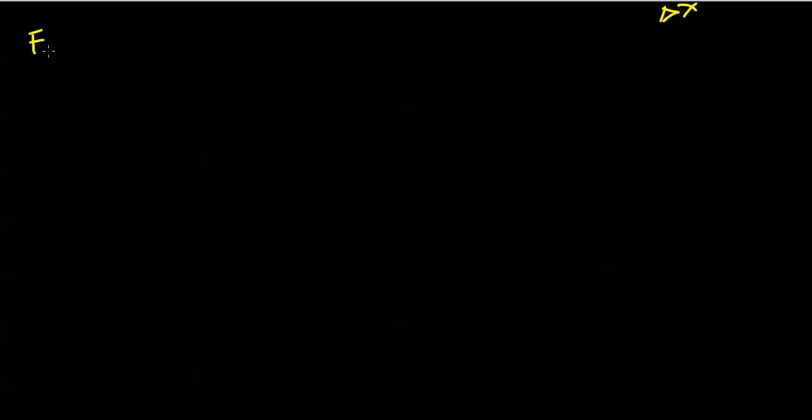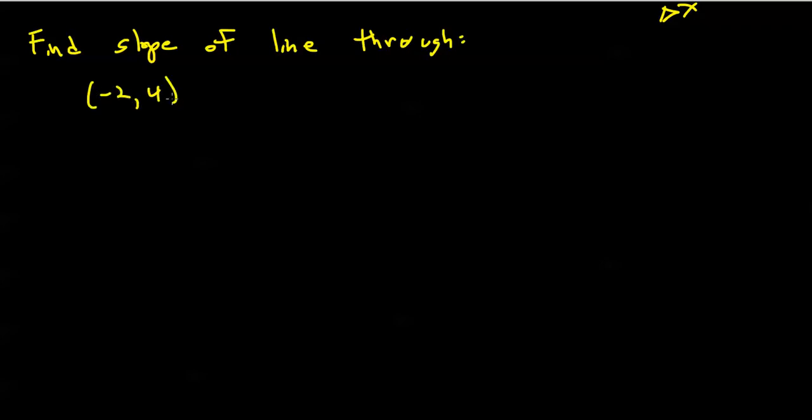Find the slope of the line through the following 2 points, (-2, 4) and (3, -4). Well, I don't really need to graph these points to compute the slope.